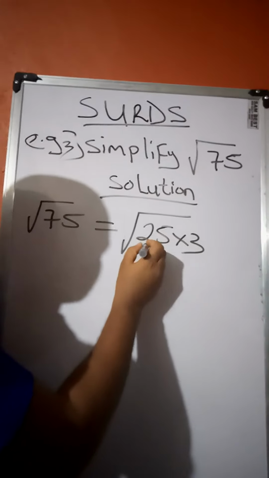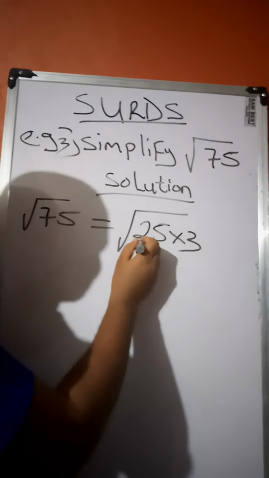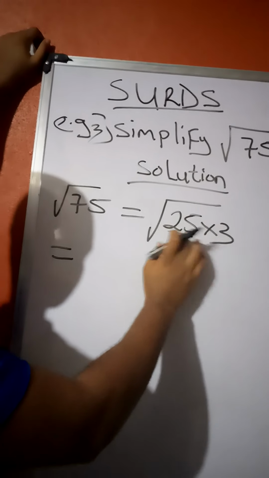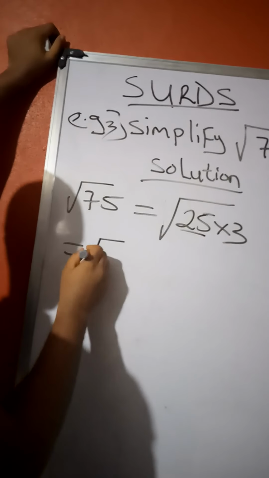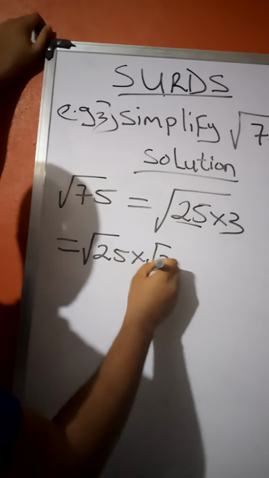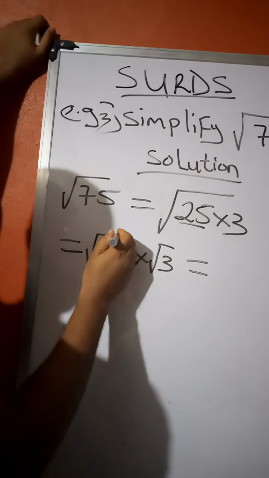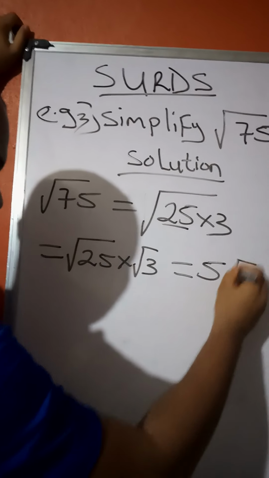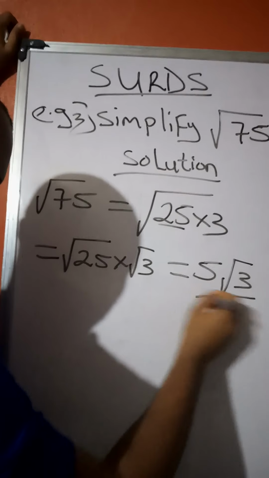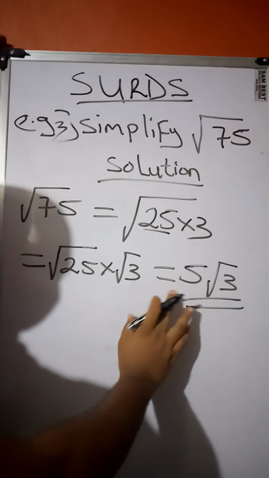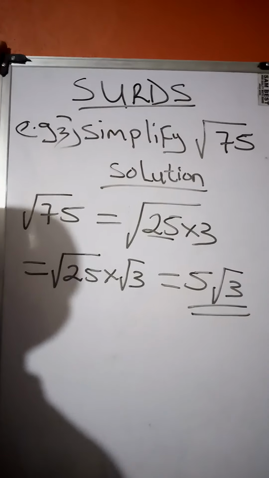I'm picking 25 because I know 25 is a perfect square. So I apply the rules of surds, which say if I have two numbers multiplying, I can separate them: root 25 times root 3. The square root of 25 is 5, and root 3 is not easily gotten, so I will leave it as this. So I've reduced root 75 to 5 root 3.